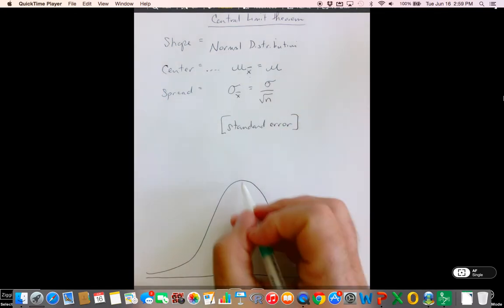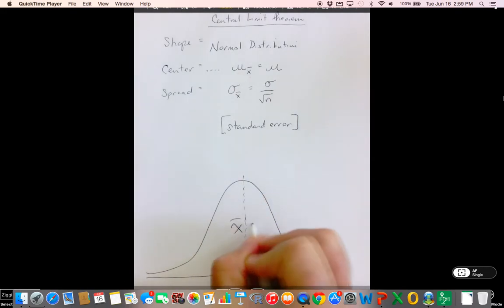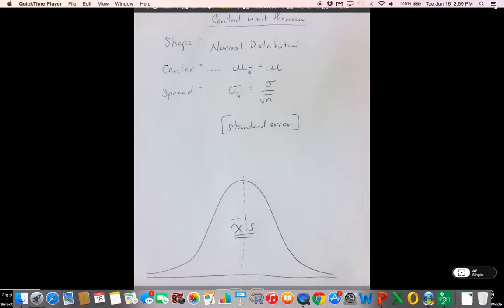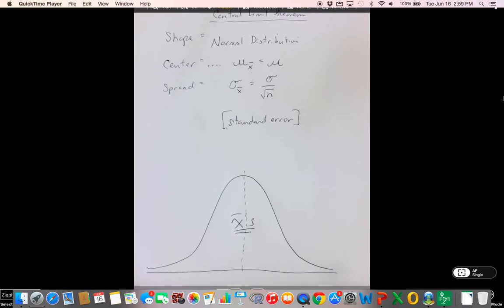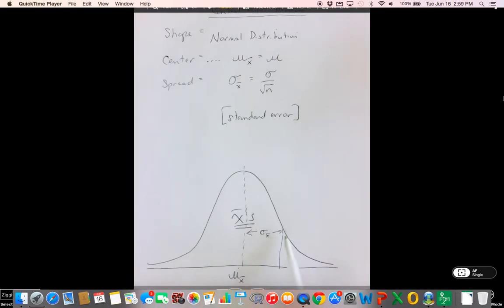So guys, we know smack dab in the center of all these x bars that we could create from our initial population, they will be centered at mu sub x bar, and that difference between the mean and that magical point right there that we've talked about is called the standard error.